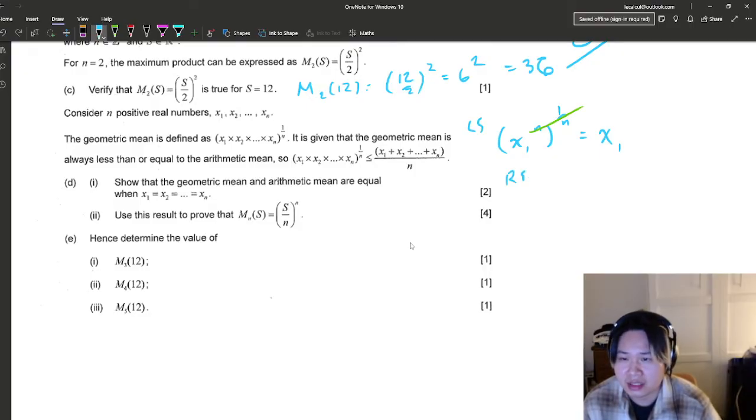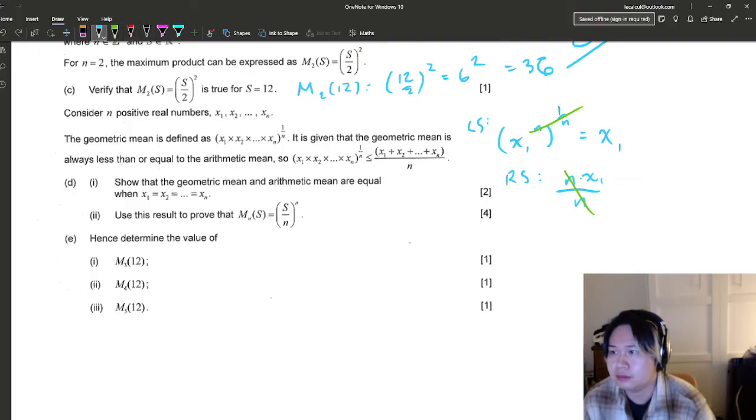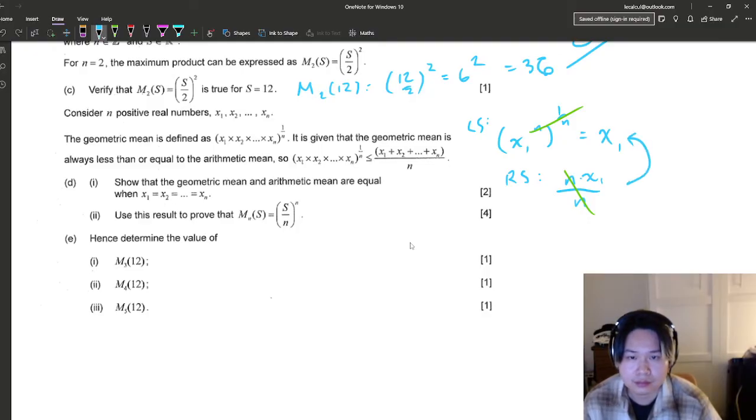And then the right side, if these are all equal, then you have n of them. So it's n times x1 divided by n. Likewise, these will cancel, so they are the same. Verified.